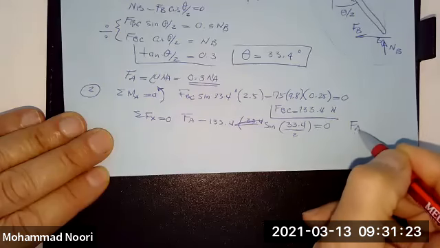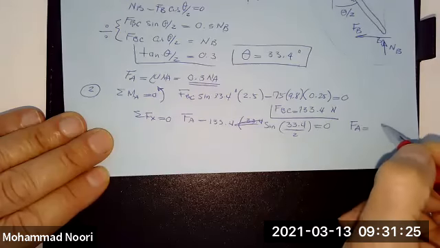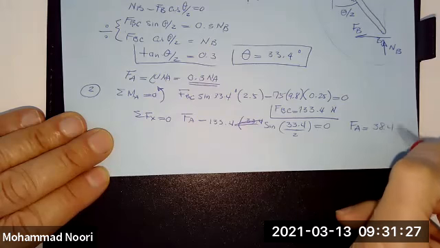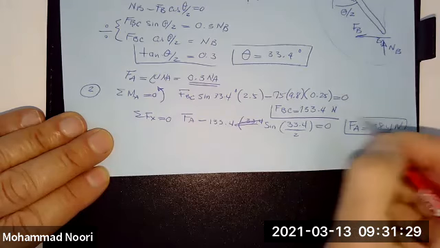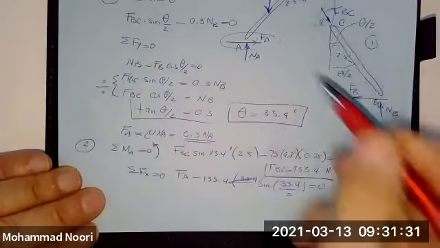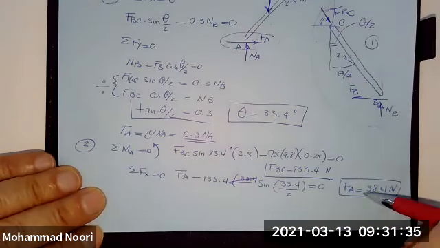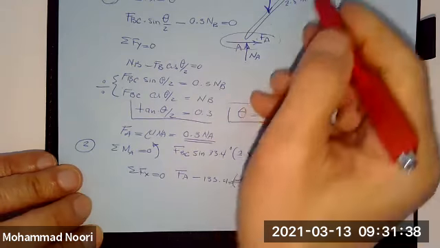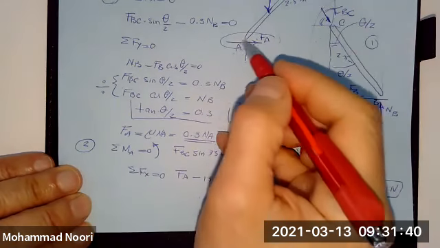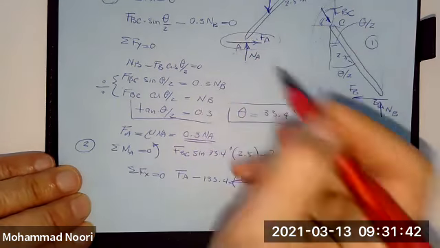So that gives me FA that comes out to be 38.4 Newton. So this is the force that, as we assume this is in equilibrium, is the friction force required to keep this in equilibrium.